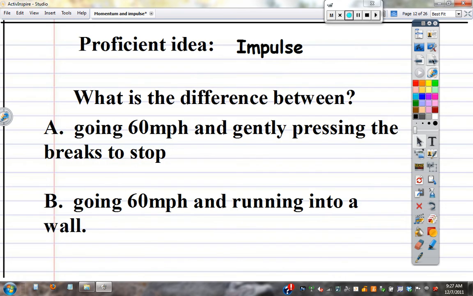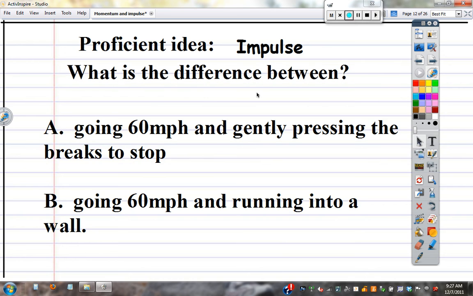Okay, now impulse. So I have a question. What's the difference between going 60 miles per hour and gently pressing the brakes to stop, and going 60 miles per hour and running into the wall? And I specifically want you to tell me about time to stop and force to stop.